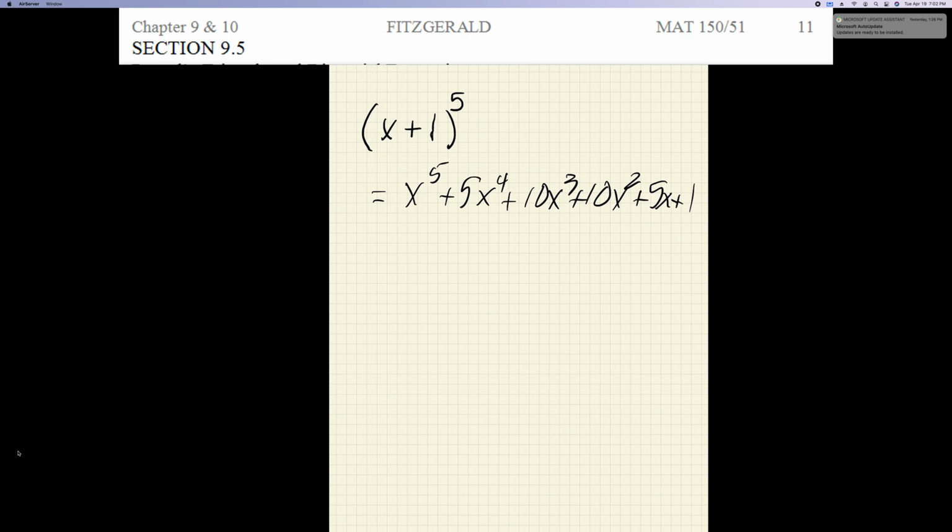And I'm sitting in the front row, my jaw is on the desk, because I'm trying to FOIL this all out. I'm going x plus 1, x plus 1, and multiplying it all out. And I'm going x squared plus 2x plus 1. Okay, and I'm going to have to multiply that by... How in the world did he do this so fast?